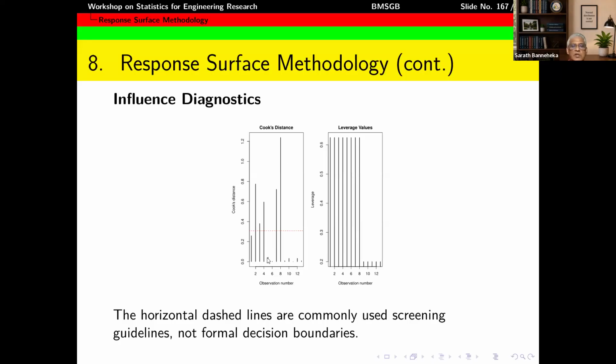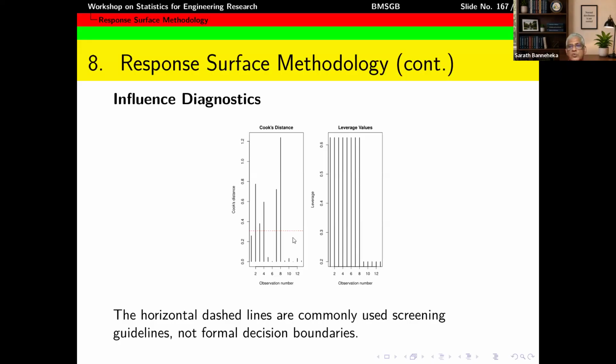But here there are several observations whose Cook's distance is a little large, larger than the reference level value here. But just because the Cook's distances of some observations are larger than the threshold, we should not automatically remove those observations.